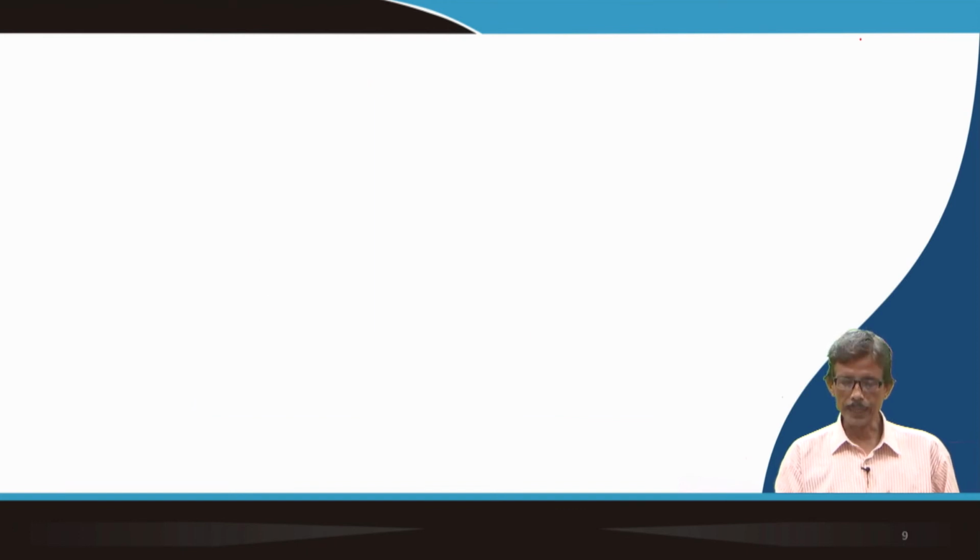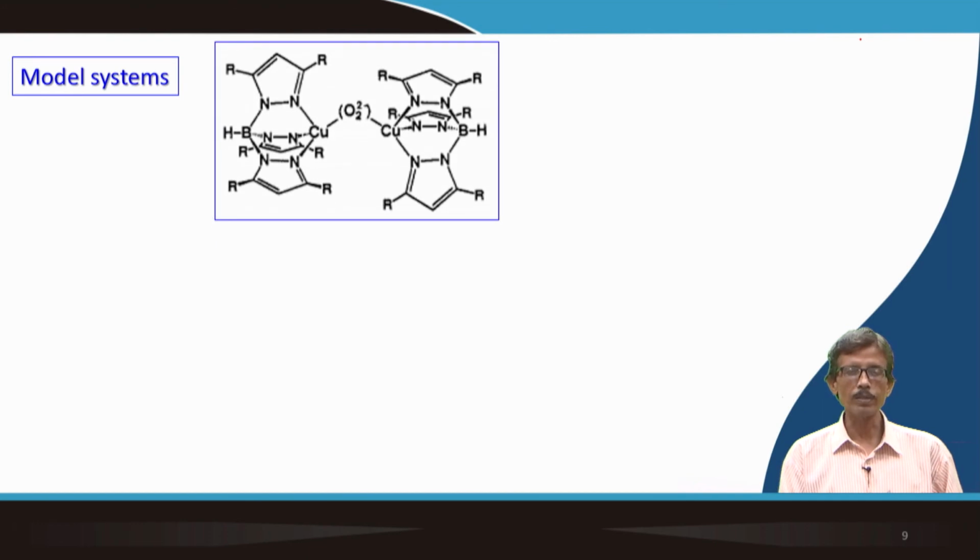So, how people have identified that and how people have established it through the studies from the model systems: people used some laboratory prepared trispyrazolyl borate, a borate ligand. So, you see the 3 nitrogens of the pyrazole, the second nitrogen of the pyrazole ring, which is coordinating to the copper centers, but it is anchored basically at the vertex of your boron center.